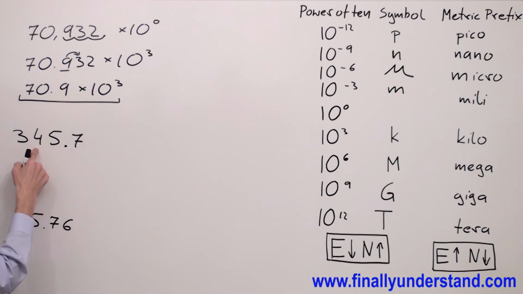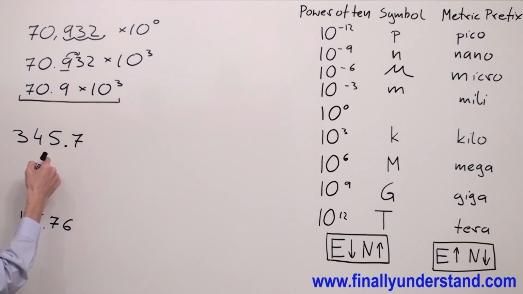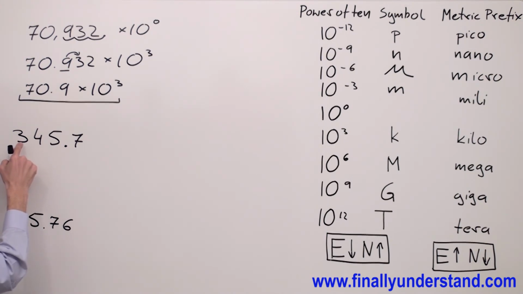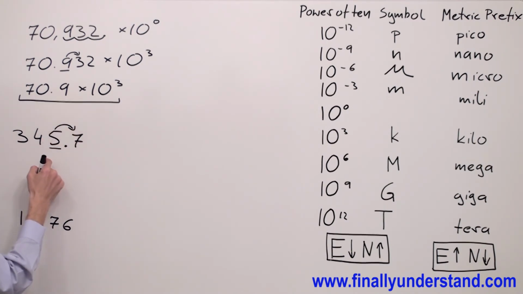Because this number is already between 1 and 999, I'm not going to write times 10 to 0. Simply, I'm going to write just 3 significant figures. 3, 4, 5. And I'm supposed to check what is behind my third significant figure.